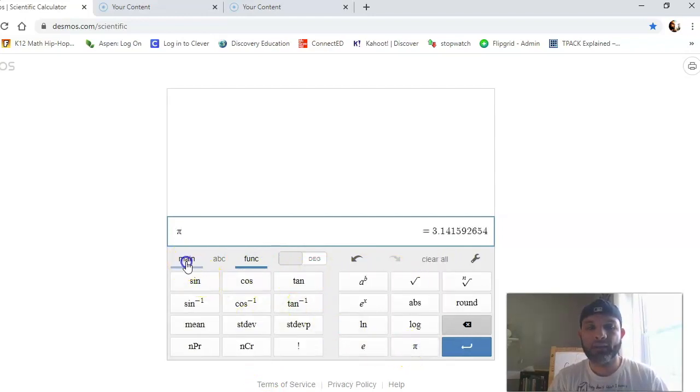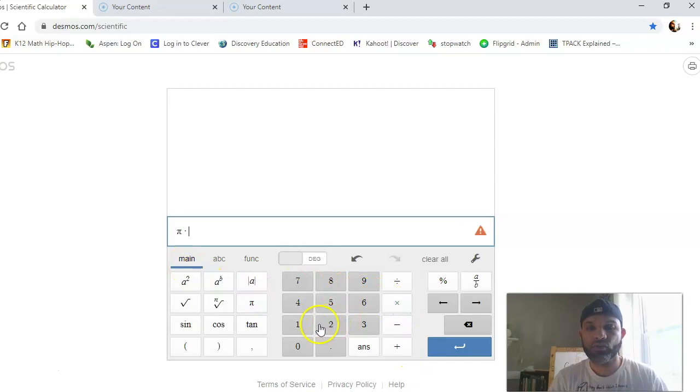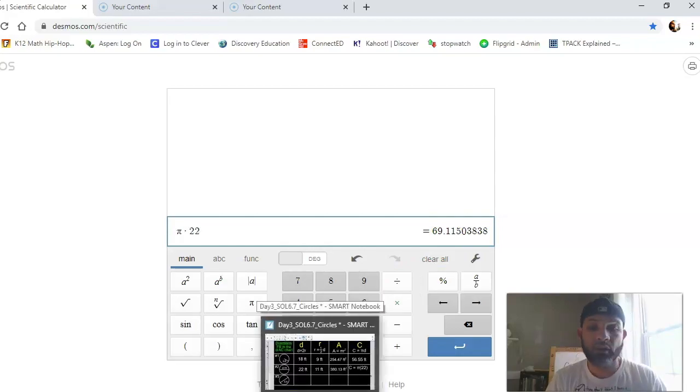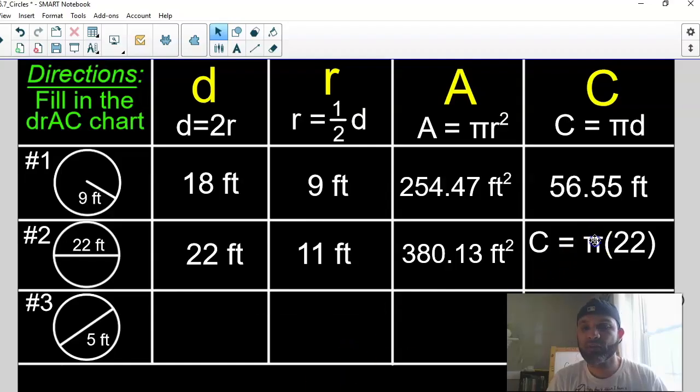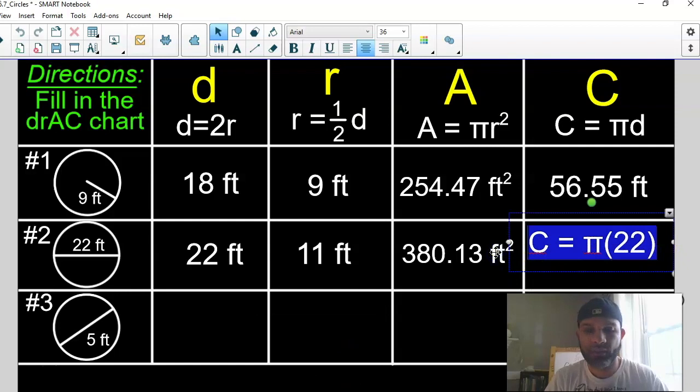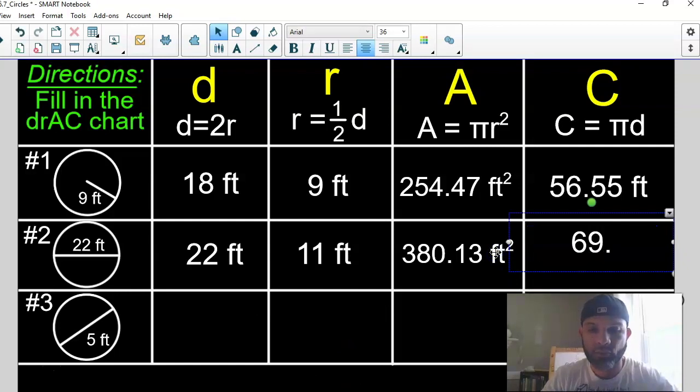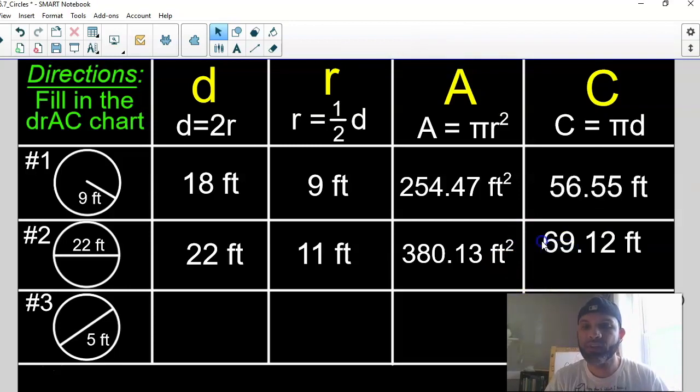Pi times 22, 69.115. So that is going to round up because it is a 5, so it's going to be 69.12 feet. All right, so we're done with our second.